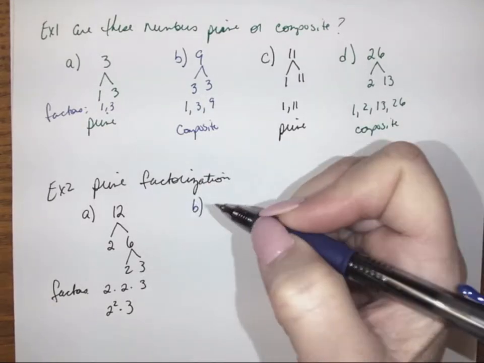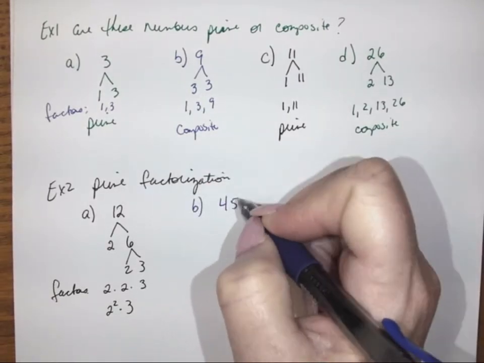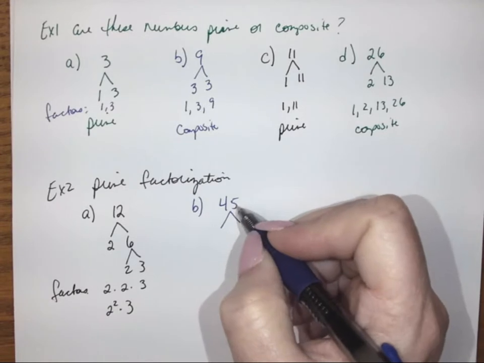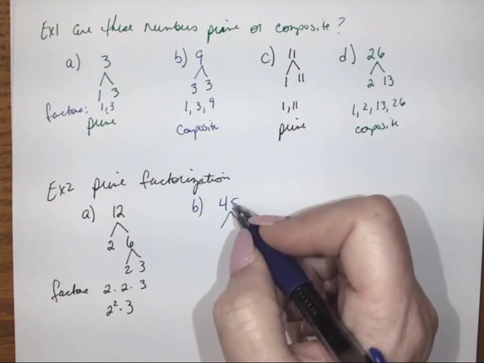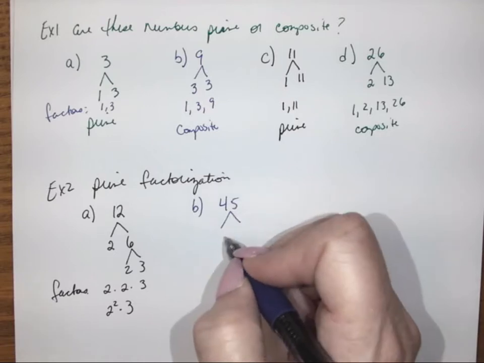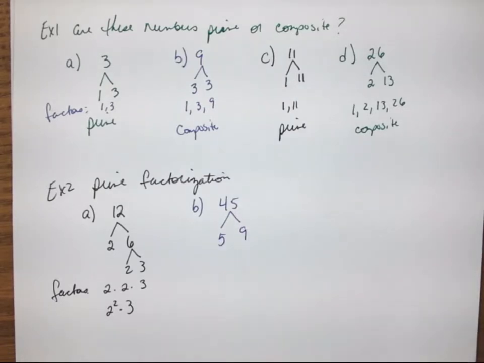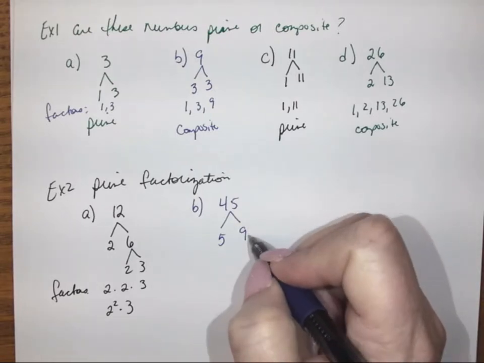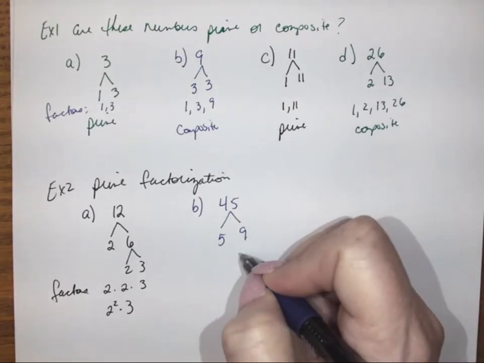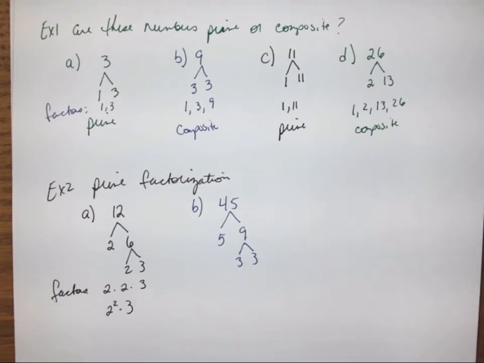Let's look at another one. If we have 45, well, it ends in 5, so I know it divides by 5. 5 times 9 is 45. I can then break up 9 because 5 is a prime number. 9 would be 3 times 3.